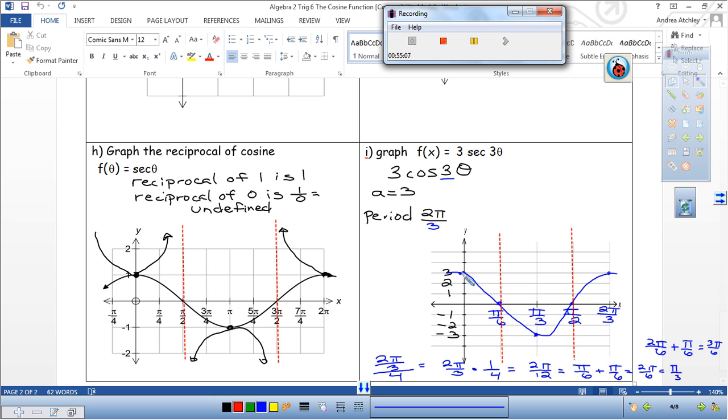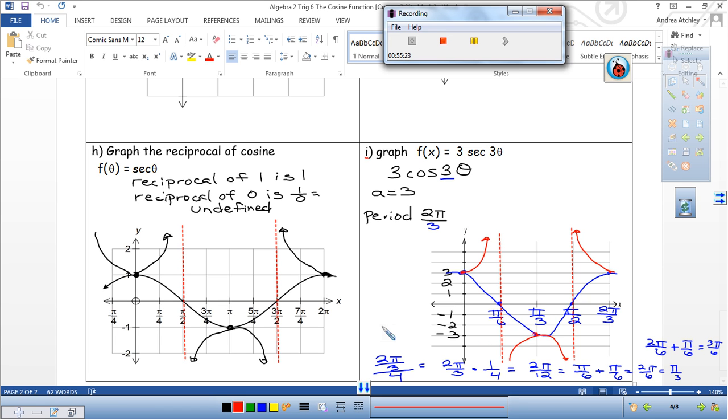My parabola is going to be at 0, and at pi over 3, and then at 2 pi over 3 again. Any questions over that? Anyone unsure on how we're doing this?